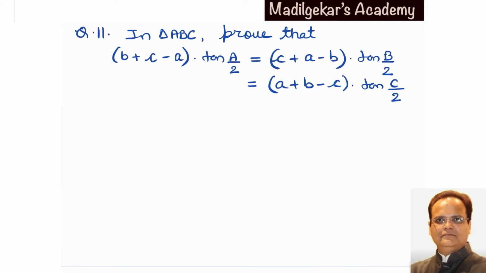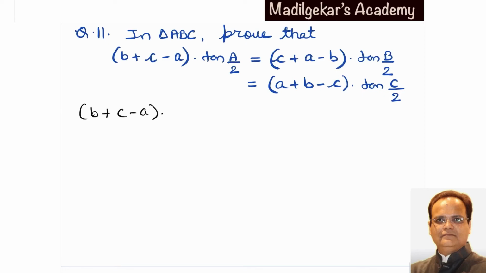Let us find first the value of B plus C minus A into tan of A by 2 using half angle formula. We recall half angle formula of tan.